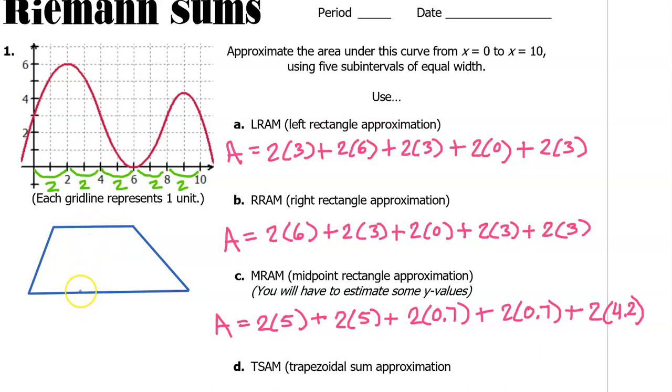Each of them is called a base. So we could say this is base 1 and this is base 2. A trapezoid has a height, and that's going to be the distance between the 2 bases. So this distance right here would be considered the height of the trapezoid.